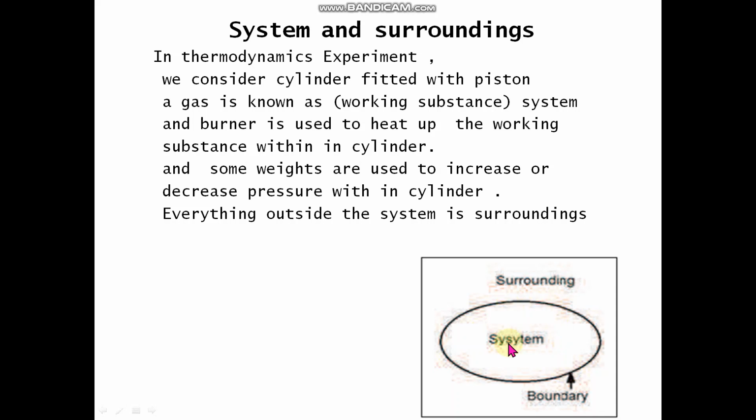This is the boundary between the system and surroundings, so that heat energy can transfer from system to surroundings and surroundings to system via the boundary, which is a conducting material.